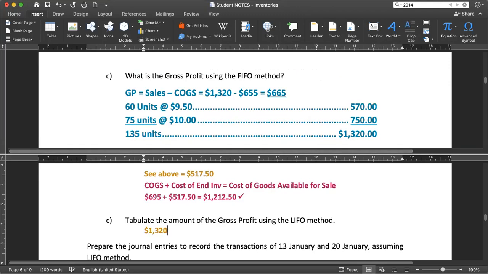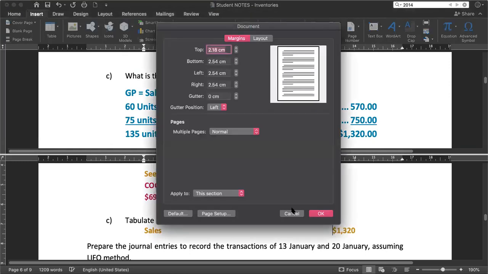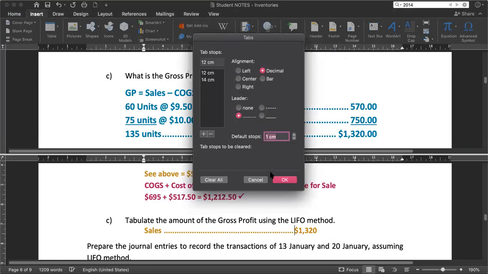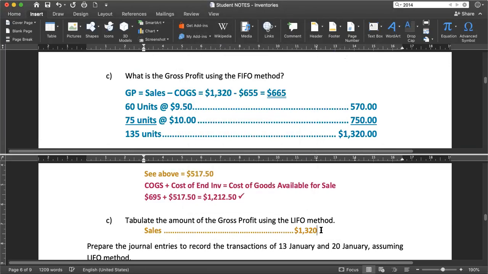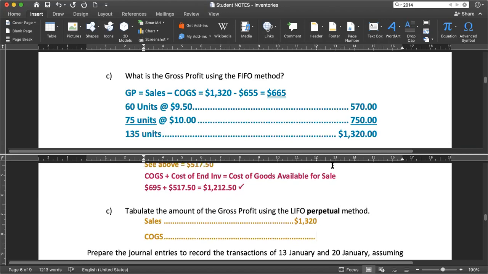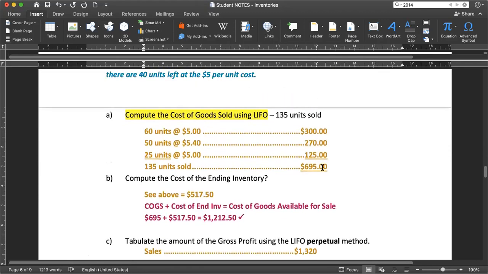So we have $1,320 of sales, and the cost of goods sold, LIFO Perpetual, was $695.